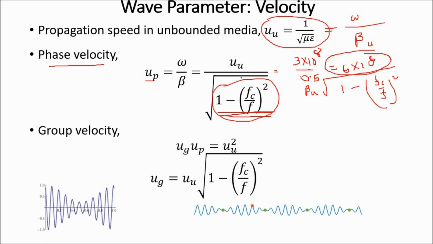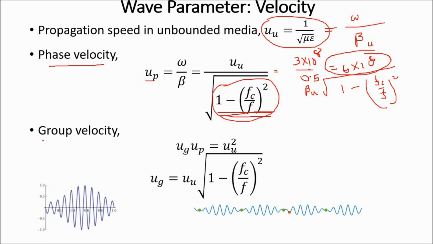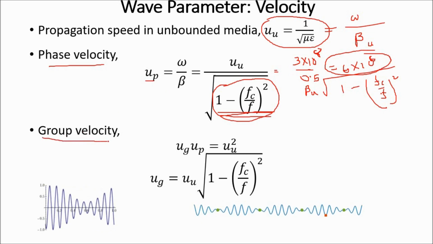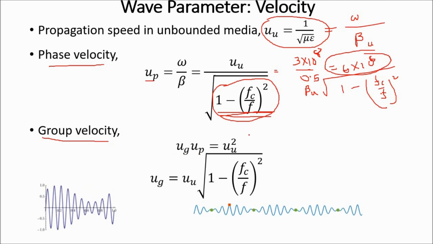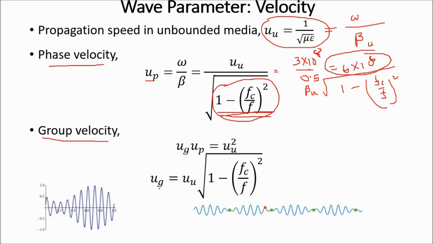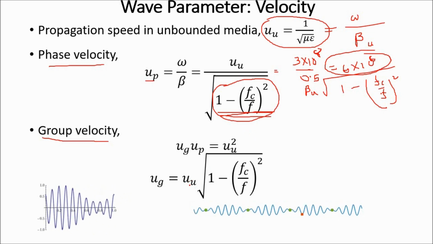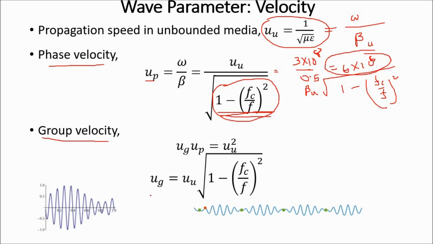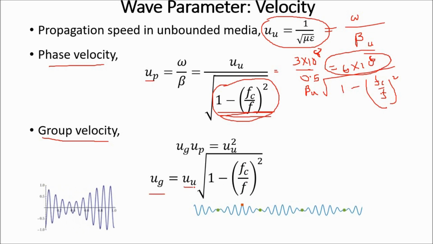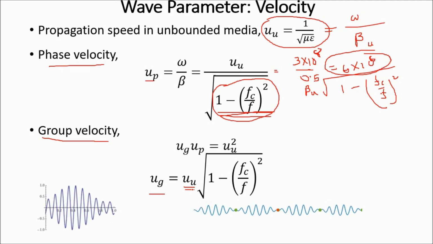Basically, in the waveguide, the wave is propagated as a group, so we are looking for the group velocity, and group velocity times phase velocity is u squared, or you can find group velocity is equal to u times the square root of 1 minus (fc over f) squared. So the group velocity must be less than the light speed.